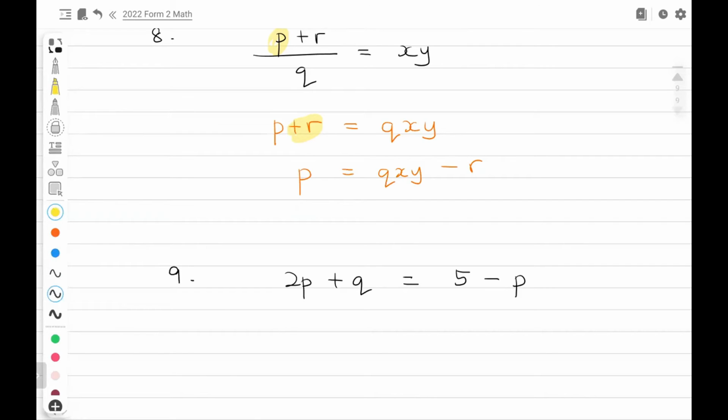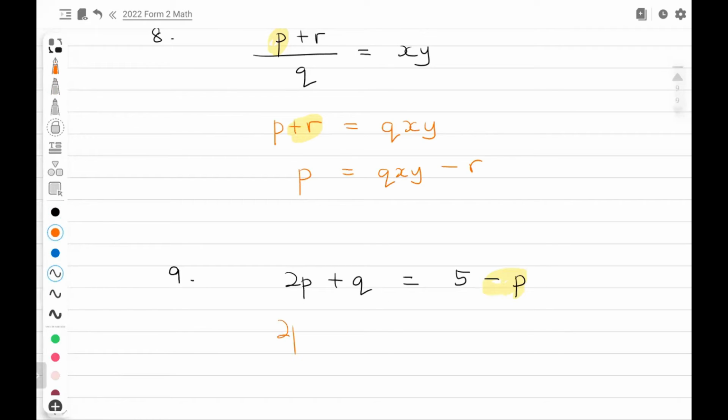If it's too messy, here got, there got, then what do you do? Group them together, bring them together, categorize them. So either you bring 2P to the back or you bring negative P to the front, as long as you group them together. So I will bring negative P to the front. Like terms, yes, correct.